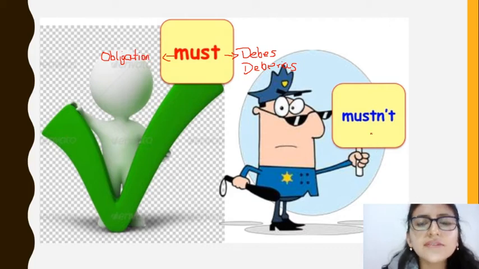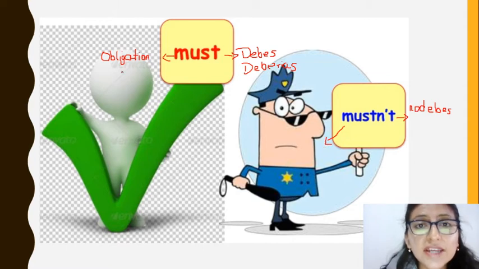Okay? And mustn't. What is the meaning of mustn't? If must is debes, mustn't means no debes. Okay? Very good. And in this case, mustn't is not an obligation.